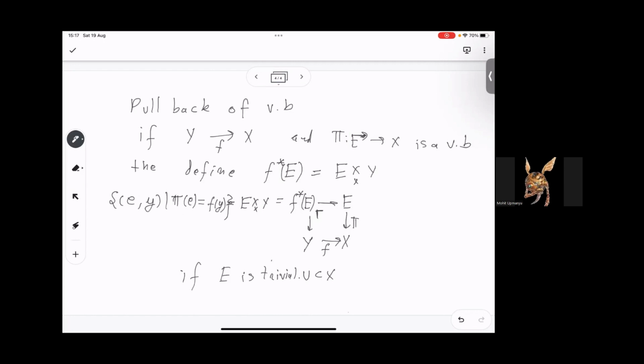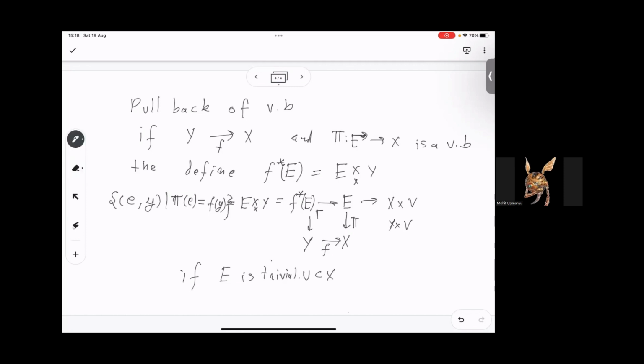So the collection of all such points is defined as the fiber product. So, okay, if we just go from here, we see that if E is trivial, well, being trivial, remember, was X cross a vector space. Then when we take the fiber product, I'll leave that as an exercise, we'll end up with Y cross the same vector space.